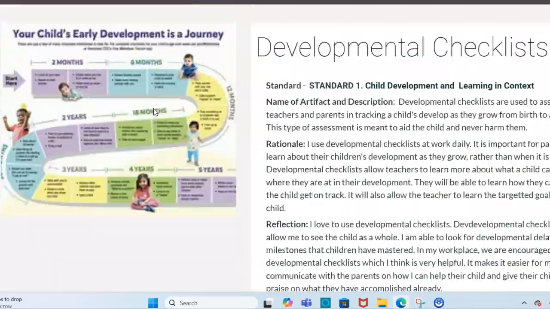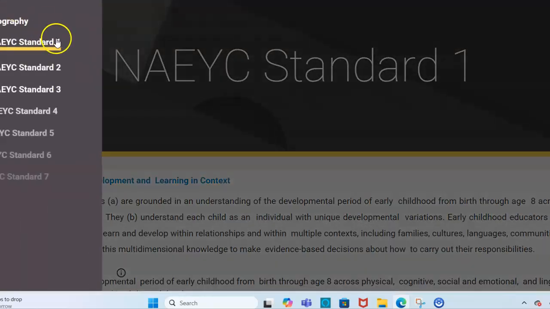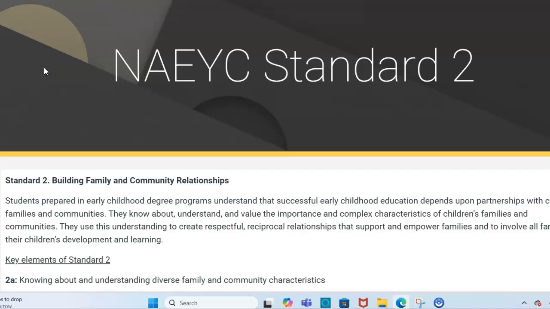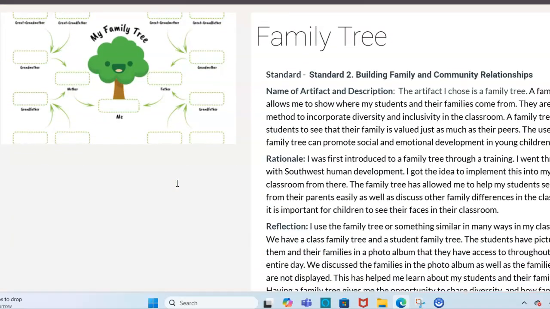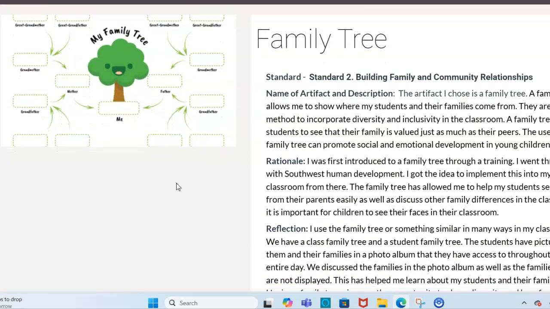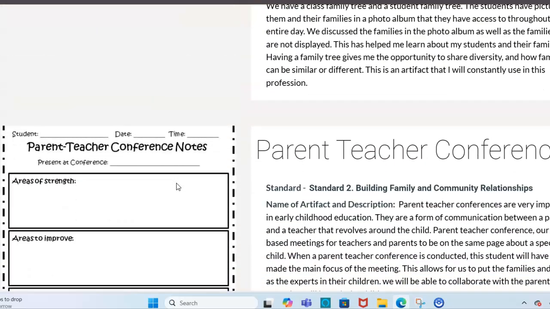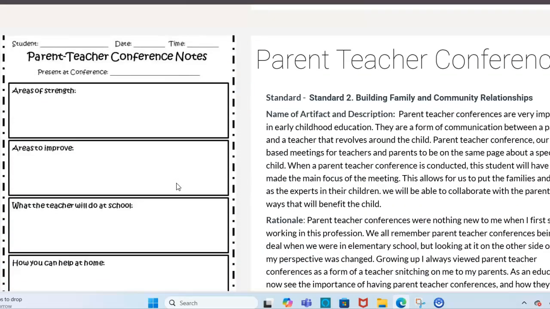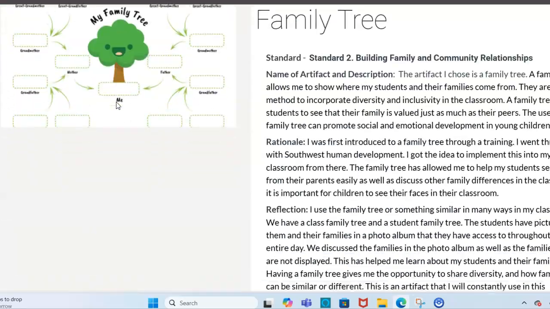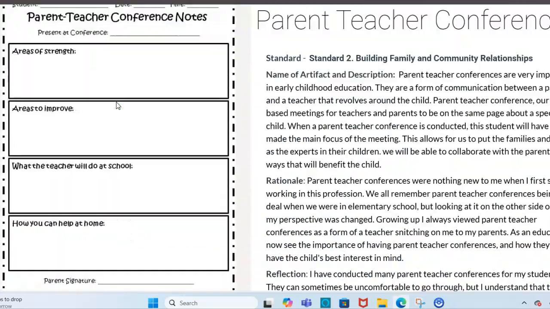But overall, you really spoke to each component, and you were able to connect the standard to the item that you were using. So it would have been nice to see a little bit more personalized or used materials, like a flyer for the parent-teacher conference, or a family tree that maybe in the past you have done.